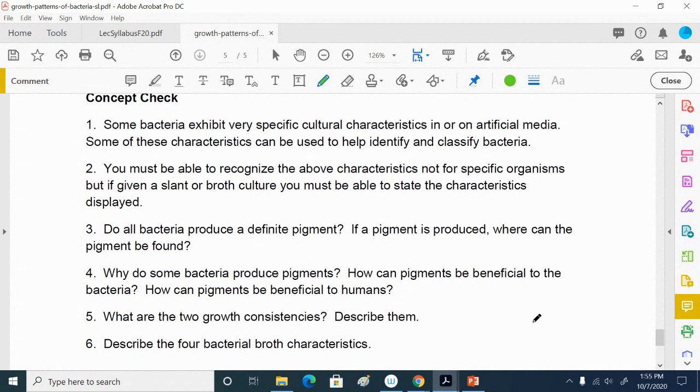Some of these pigments may be natural antibiotics we could use. We could use them as coloring agents for things, right? So there are potential uses for these different kinds of pigments.